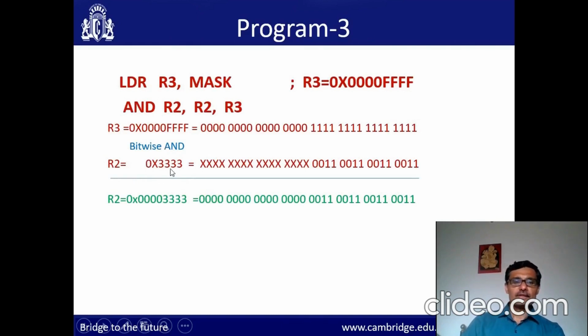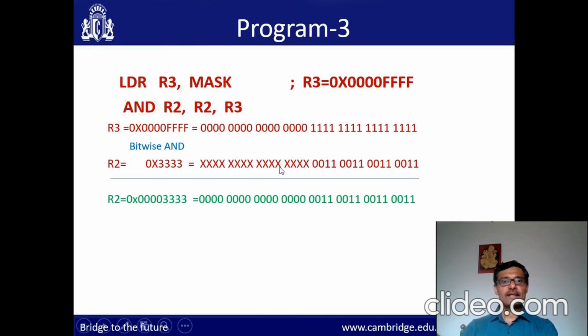So R2 is a 32-bit register, but this number is a 16-bit number. The 16-bit number is copied into a 32-bit register. That means, you see here in the binary equivalent, this 16-bit number occupies the lower 16 bits of R2.